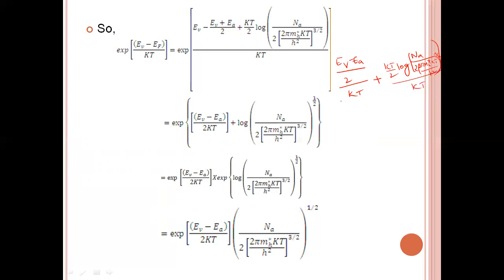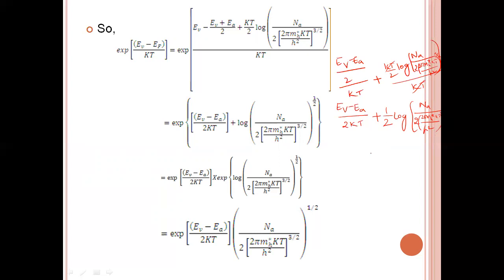So this will be written as EV minus EA by 2 KT plus, this KT and KT will cancel, leaving 1 by 2 log NA by 2 into 2 pi m h star KT by h square.